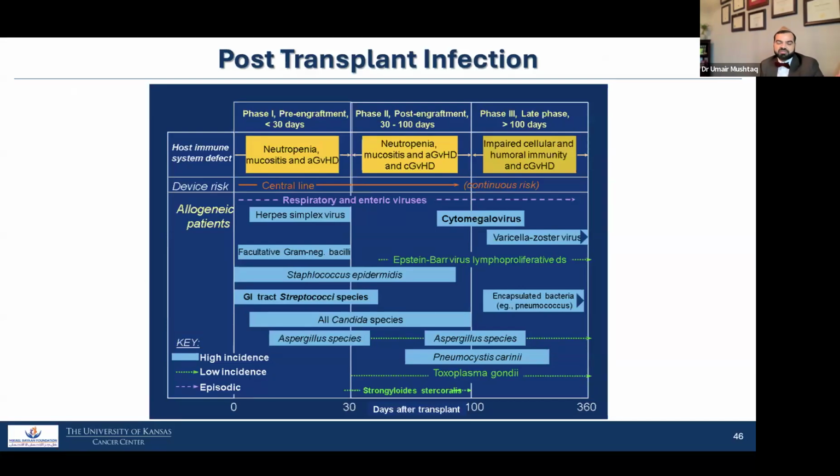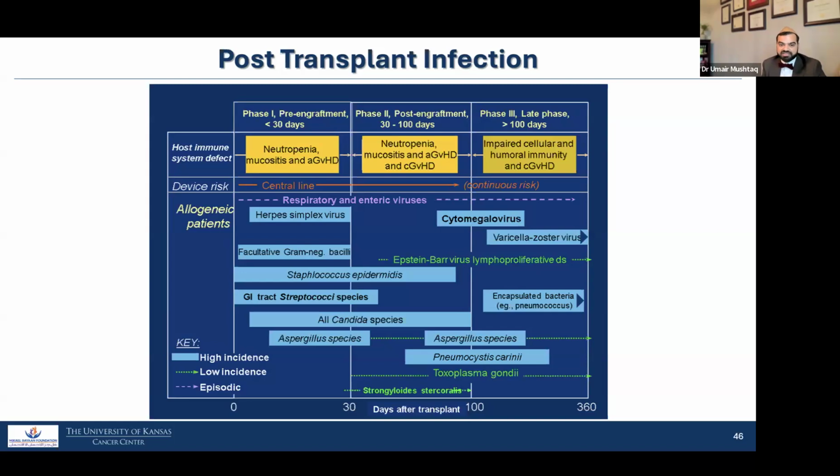Infection is a major complication in the developing world, especially in Pakistan, Jordan, other developing countries. And each area will have their own unique set of challenges. The local microbiome and the antibiotic resistance and the drug availability will vary.